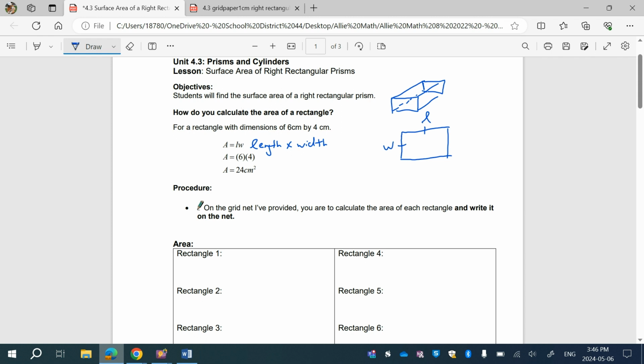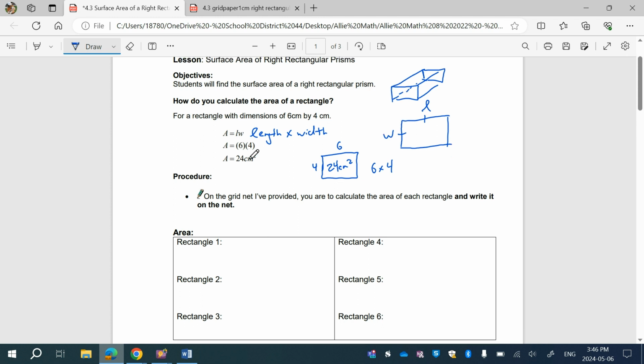So in a rectangle that has sides that are 4 and 6, the area, the length times the width, 6 times 4, would equal 24 centimeters squared. Say we're using centimeters. So for rectangles, the dimensions are length times width.